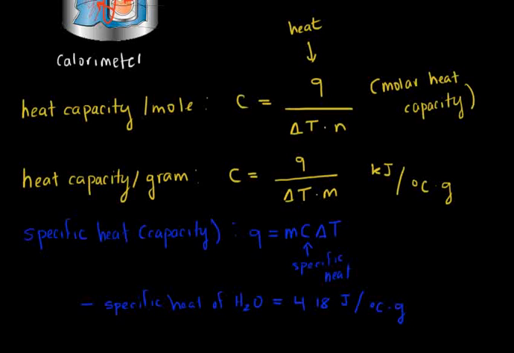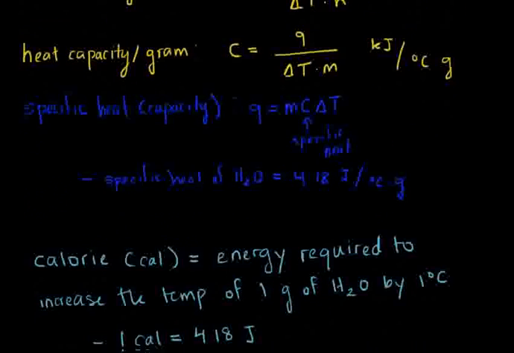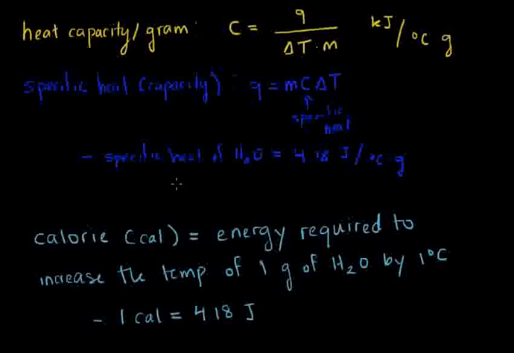And we can actually make a little aside here, and define a unit which comes up in everyday life all the time. If you look at the back of any mass-produced food product, you'll see how many calories it has. And maybe you've never thought about it before, but the calorie actually has a chemical definition. 1 calorie is equal to the energy required to increase the temperature of 1 gram of water by 1 degree Celsius.